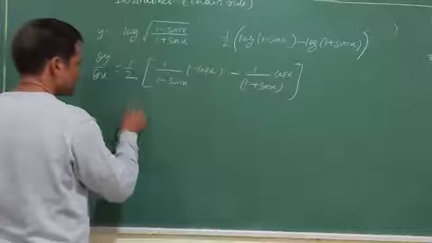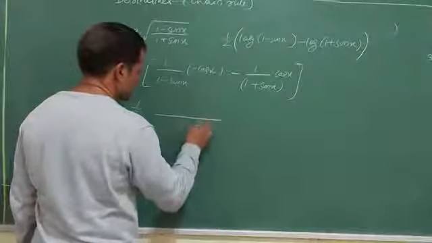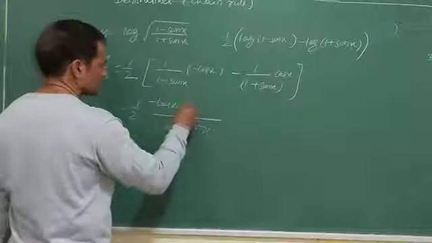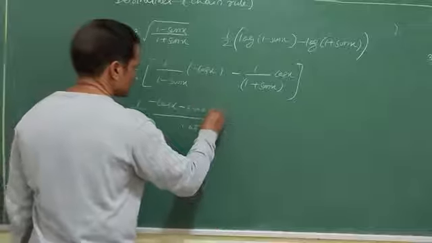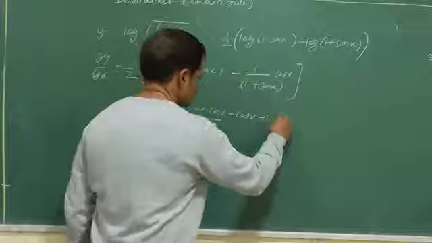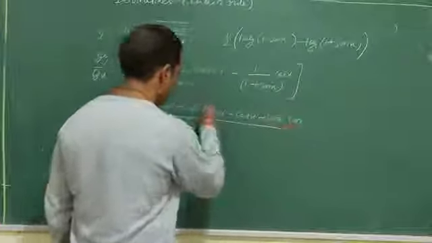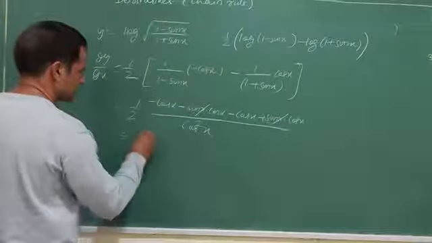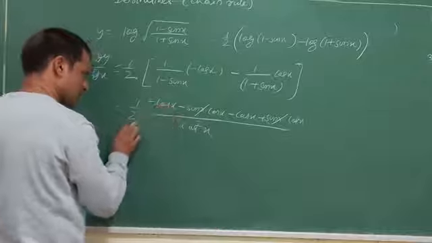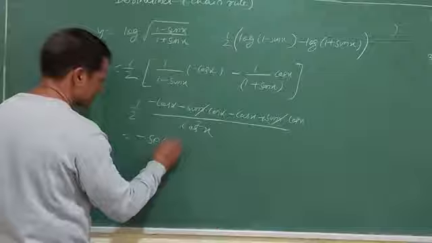You solve it, 1 by 2, denominator becomes cos square x, minus cos x minus sin x cos x, minus cos x plus sin x cos x. So the answer is minus 2 cancelled out, cos cancelled out, minus sec x.